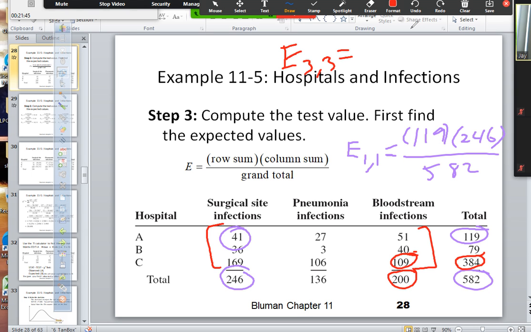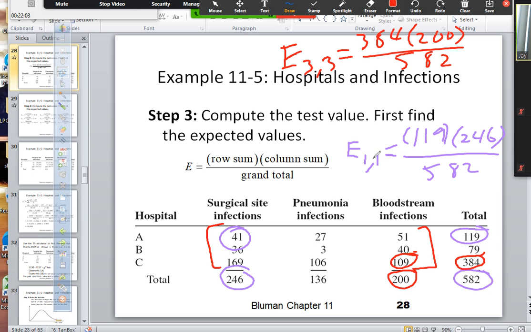So that's going to be 384 times 200 divided by 582. So that's going to be my expected value for that last one.